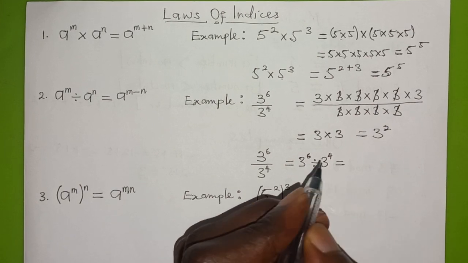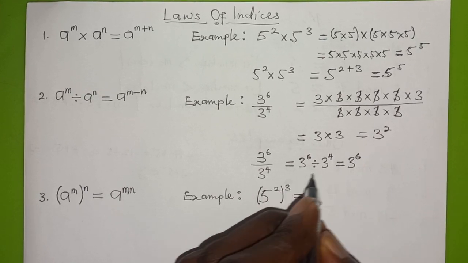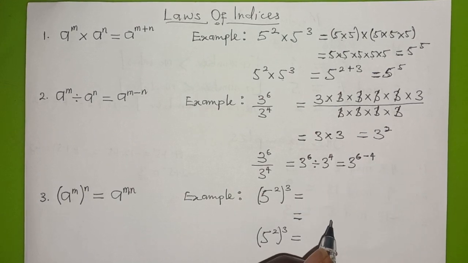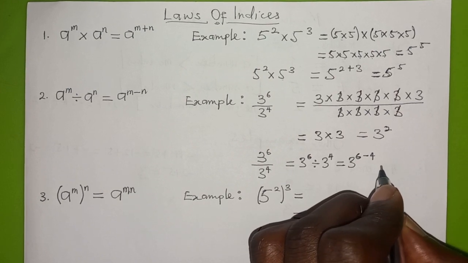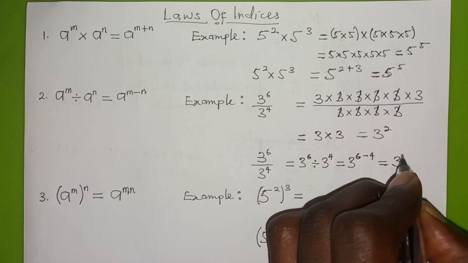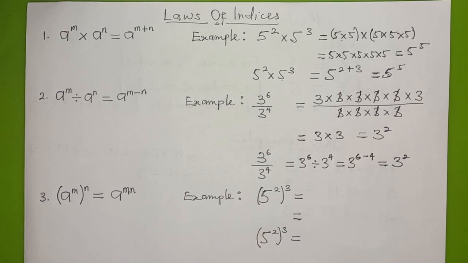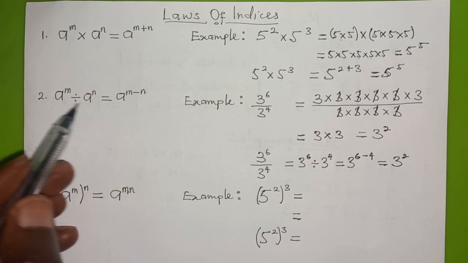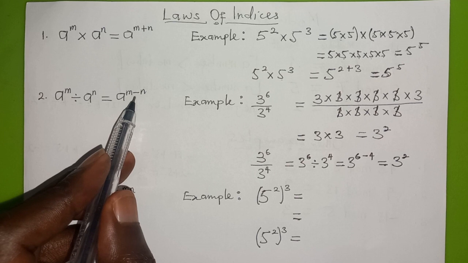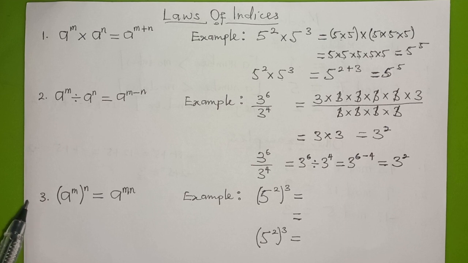This can also be expressed as 3 raised to the power 6, because they are dividing, the powers are going to subtract. So this will then become 6 minus 4 is 2. So this is finally 3 raised to the power 2, which is just the same as the first answer that we had. So that is why we can actually express this in terms of a raised to the power m minus n. All right. Now let us move on to the final law.